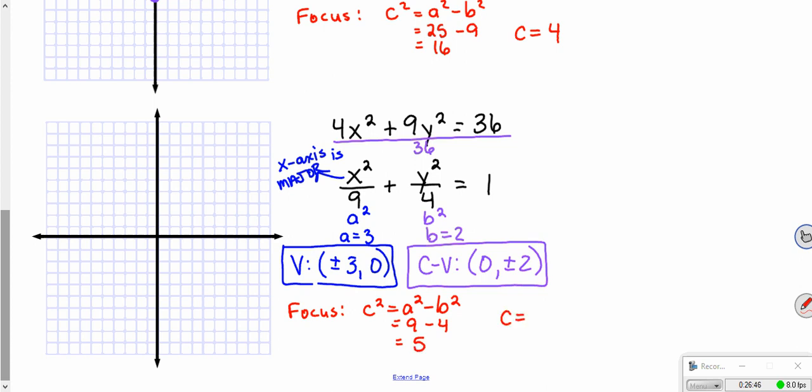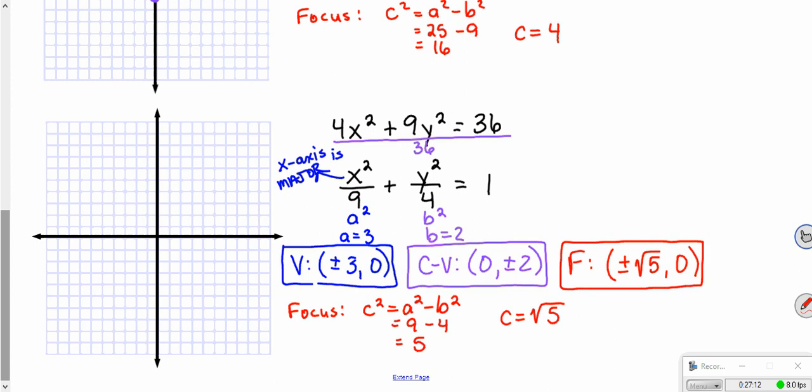That means that c equals root 5. Okay, if c squared equals 5, then to find just c, we got to take the square root of both sides. So that means my foci, again, foci have to be on the major axis. So this is plus or minus root 5, comma 0.